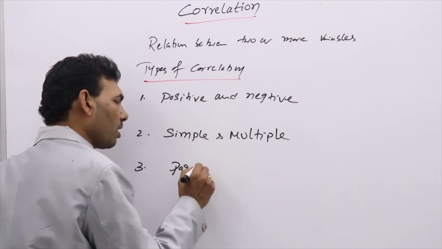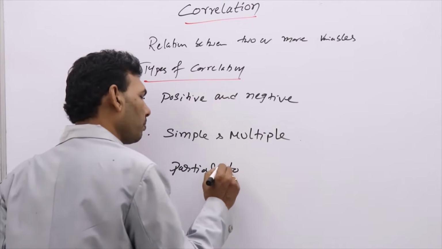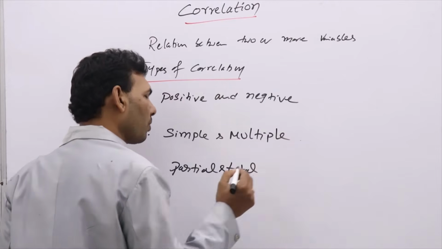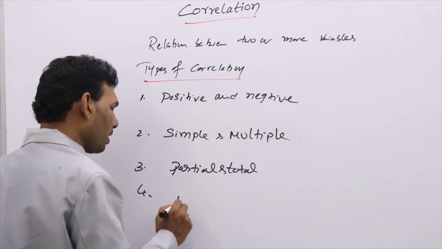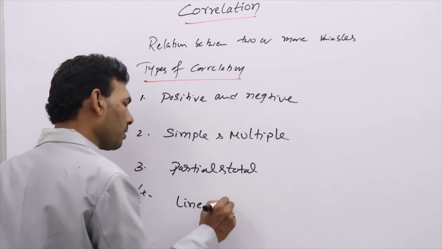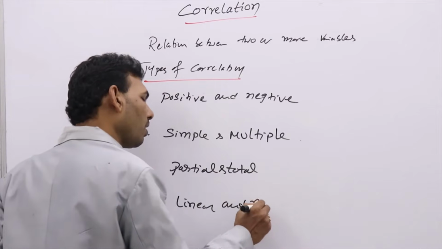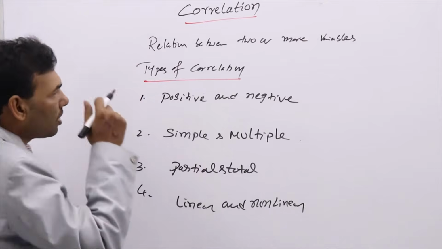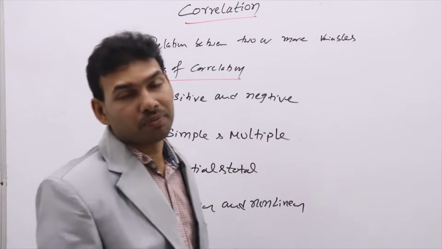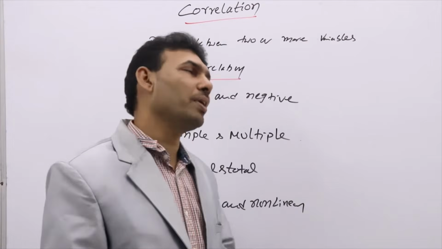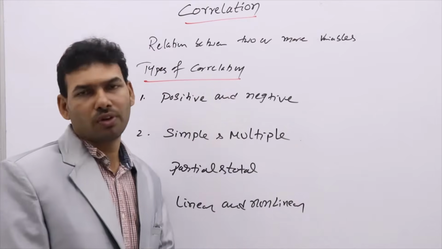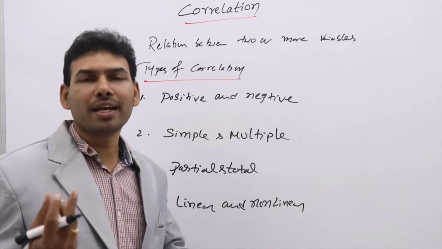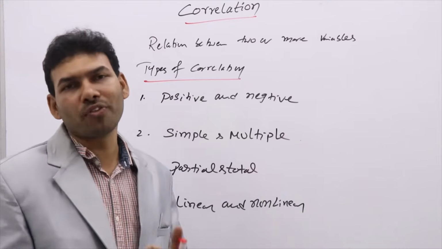Partial and total correlation. Linear and non-linear correlation. These are all types of correlation. The basic criterion behind all these types of correlation is a relation between two or more variables.